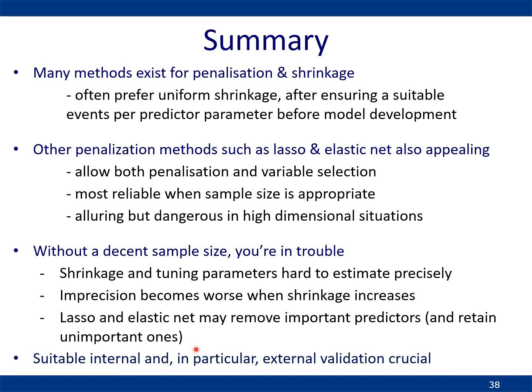Internal validation using, for example, bootstrapping, looking at the stability or instability of your model development process and what's retained in the model. If there's a lot of instability, then it's basically shouting at you, look, this is unlikely to work in new data. And because of the way that people develop models using these approaches, external validation is always crucial, because a lot of the models we just can't trust. So external validation, new data by independent researchers, is going to be crucial, and that will be something we'll come on to on day 3.